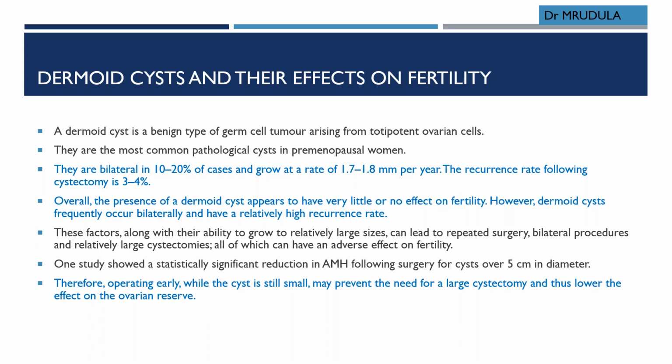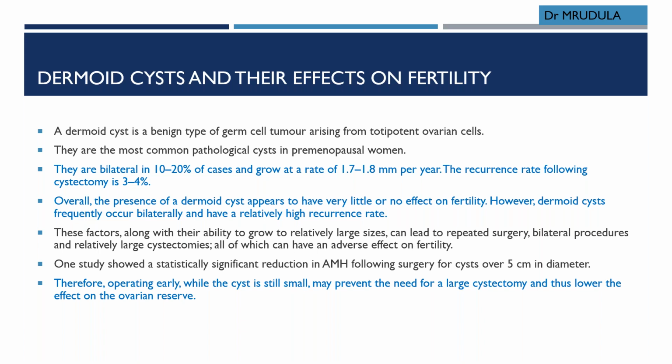Because of these surgeries, or bilateral procedures, or cystectomies for large cysts, they are at risk of causing decreased ovarian reserve or adverse effect on fertility. So the dermoid cyst per se doesn't have any effect on fertility, but because it requires frequent or recurrent surgeries, it may have an adverse fertility outcome.